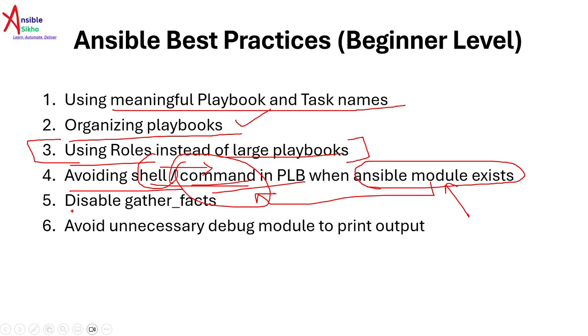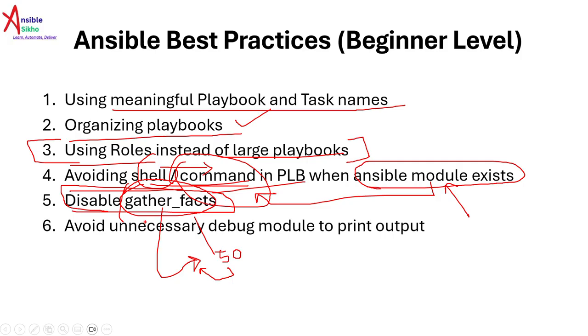We can disable gather facts. Consider we have 50 hosts. Gather facts will gather all the attributes related to a particular host. For 50 hosts, it will gather facts of all 50 hosts, which will slow down the execution, and it is not recommended in production.